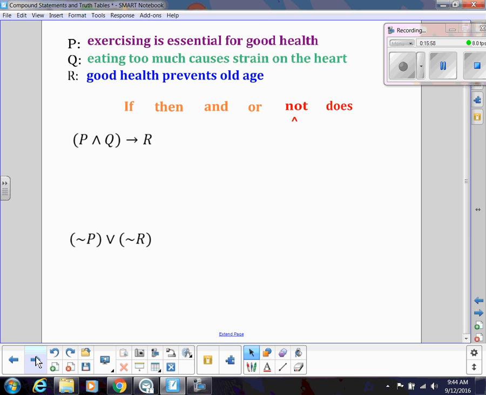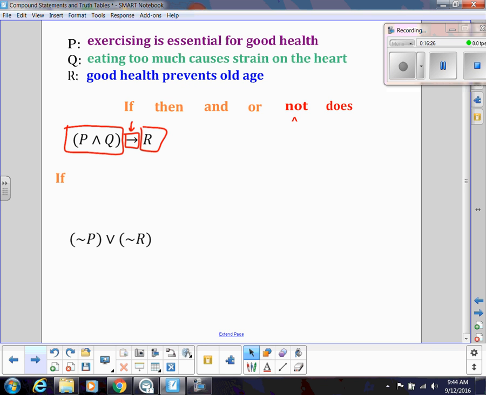Okay, now let's go backwards. So if I had a statement like this, so the symbol, then I need to know what does that symbol represent. So once we get done with doing all these symbols, we need to know what does that mean. So notice this first one, I have all this stuff in front of the arrow. Okay, so the arrow means I'm going to have if-then. So I'm going to start my statement with an if.